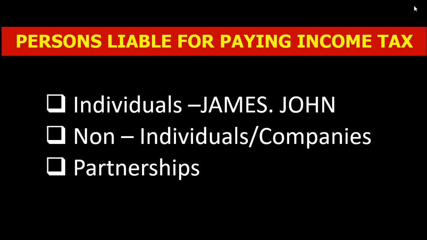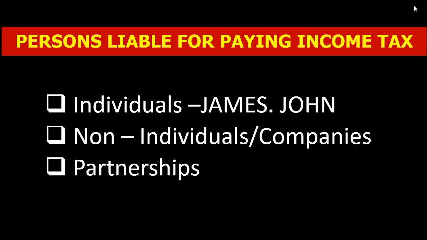So in that case, we get the chargeable income. That chargeable income is subjected to the tax rate in the country. We get the tax payable as income tax. So that is related to one individual.